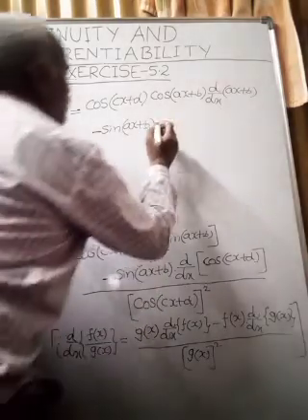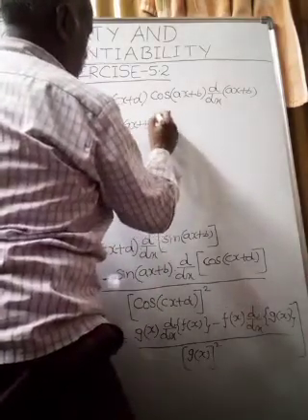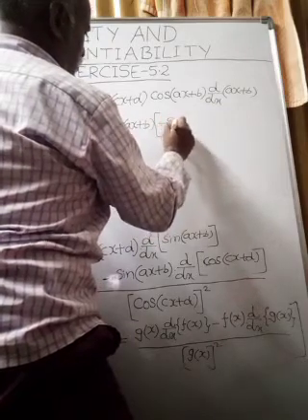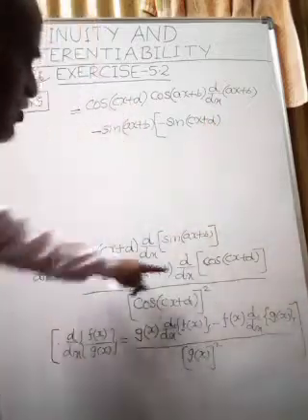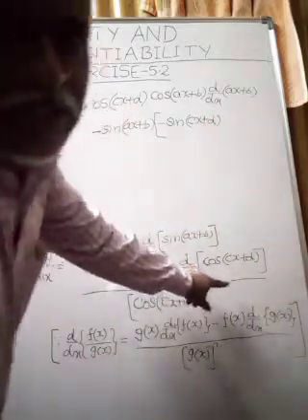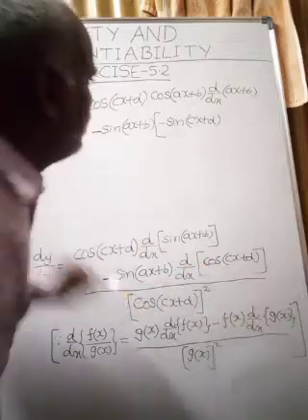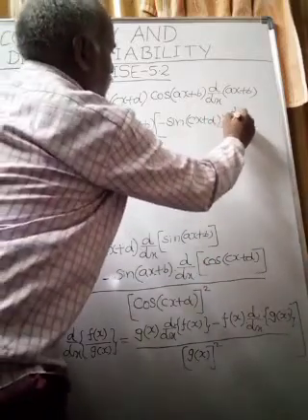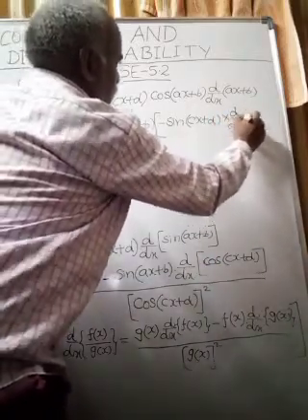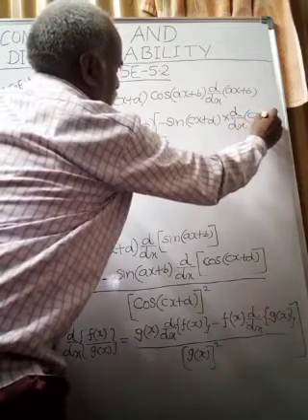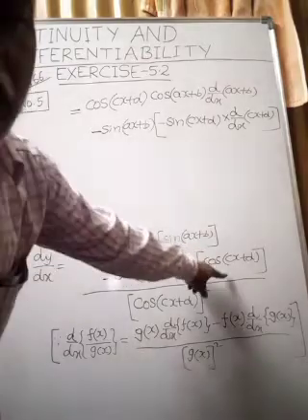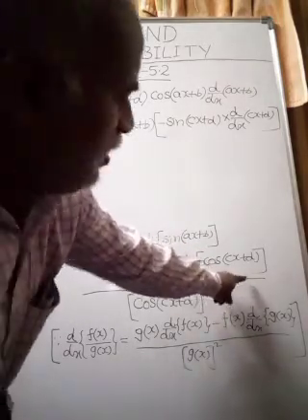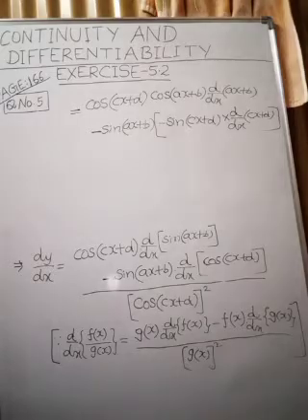So into minus, d by dx of cos x means minus sin x into d by dx of cx plus d, because we assumed here cx plus d as x in our mind. Understood that part, my children?